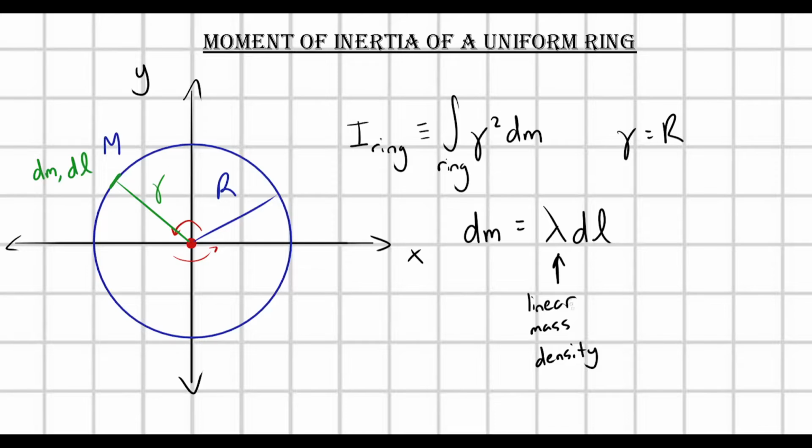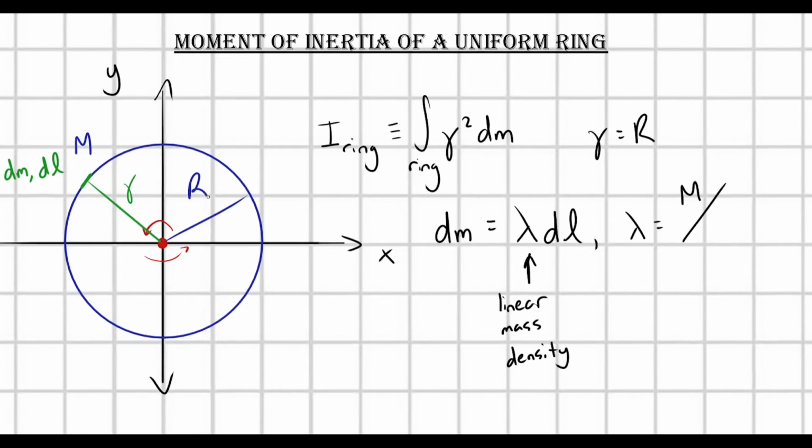Beautiful. Let's go ahead and note what lambda is going to be equal to, right? If we have a uniform ring, lambda is just going to be equal to the mass of my hoop m divided by, right, the circumference, because it's an infinitely thin ring. So we take the mass, divide by the circumference. What's the circumference of my ring? Oh, that is just 2 pi r. Awesome.